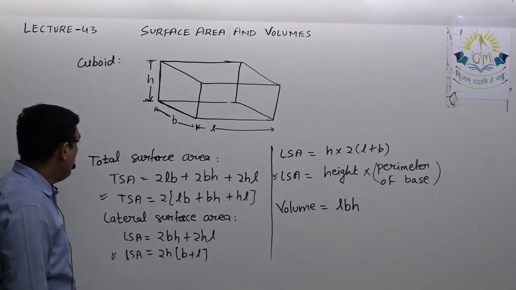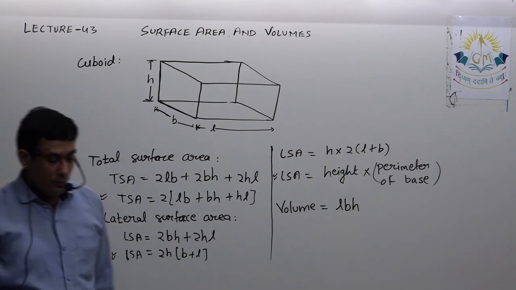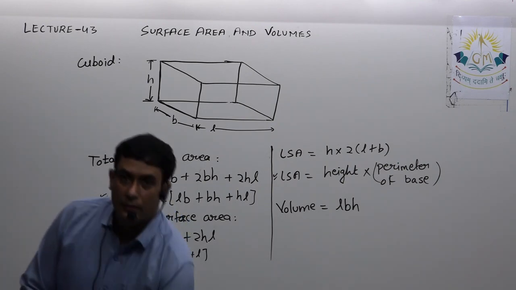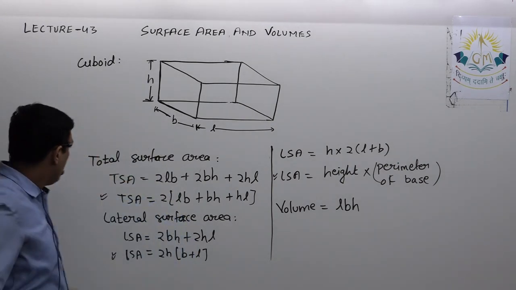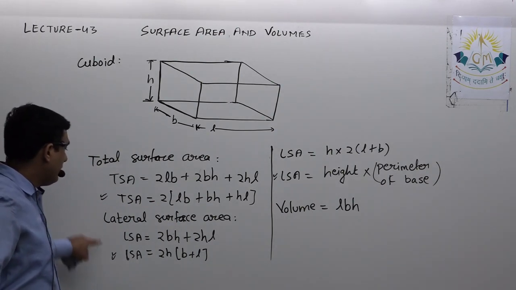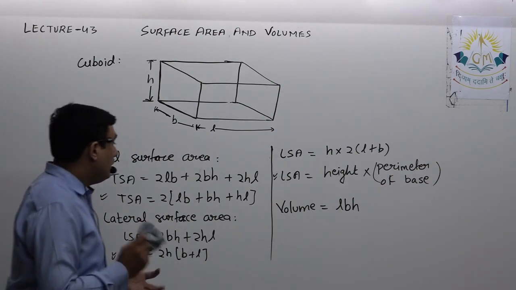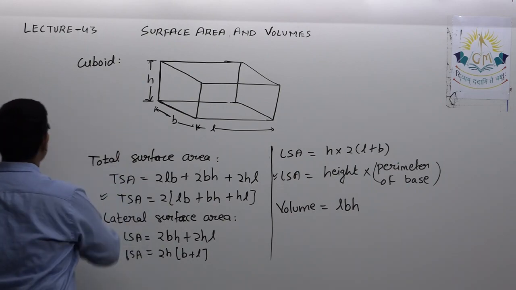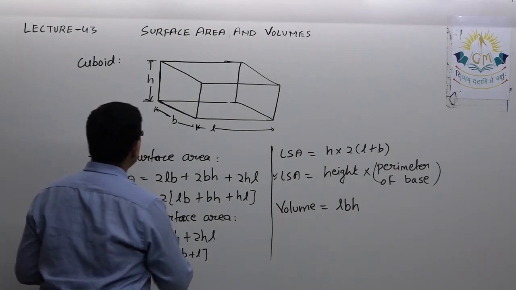That is the volume of the cuboid. After this, we'll see the same total surface area, lateral surface area and volume for cube. One thing more we can see over here for cube.